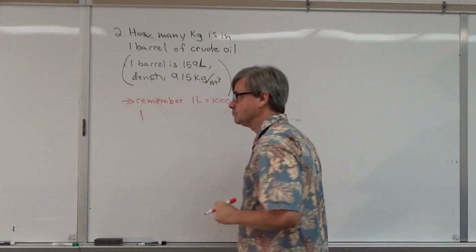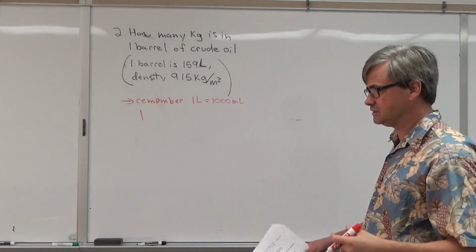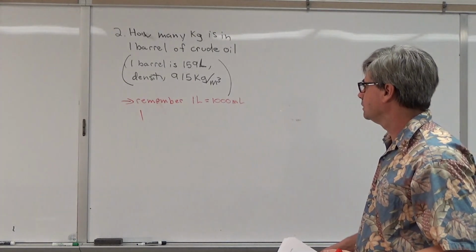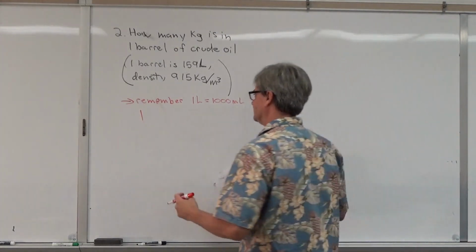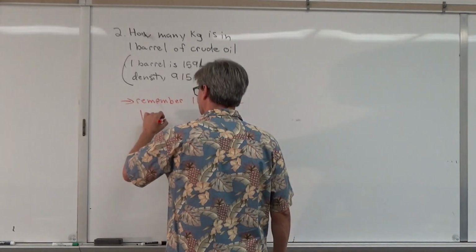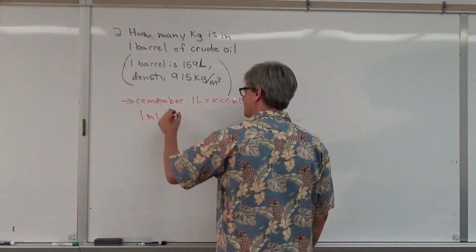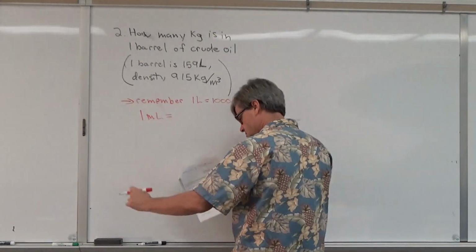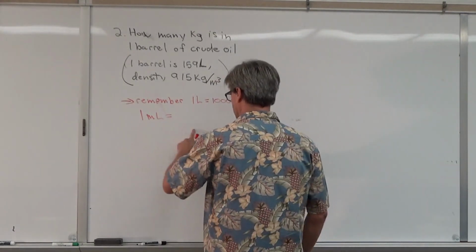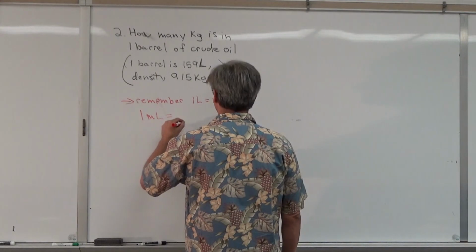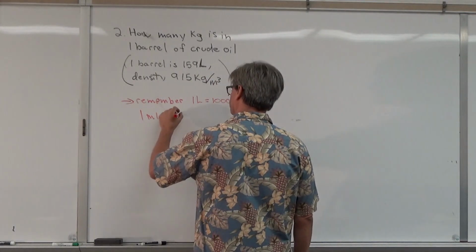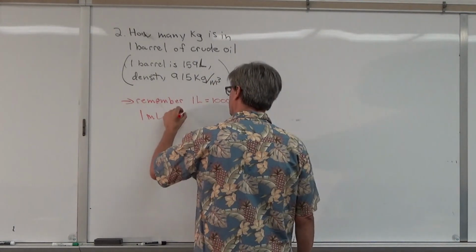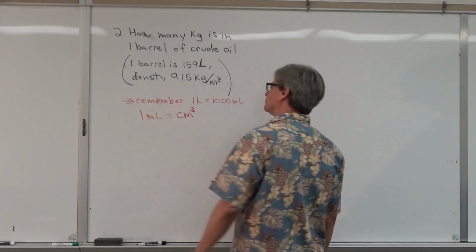What is the convenient value that we remember for a milliliter? 1 milliliter equals a cc. Right? Like in a hospital, give me 10 cc's of this. A cc is a cubic centimeter, sorry.